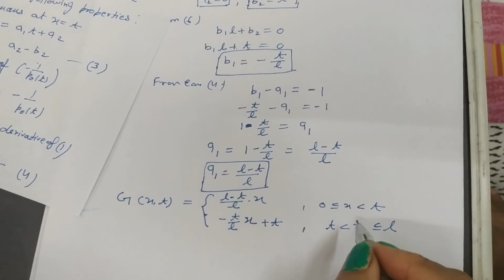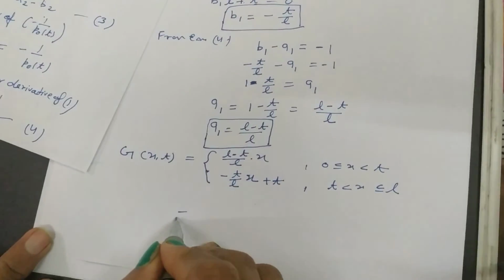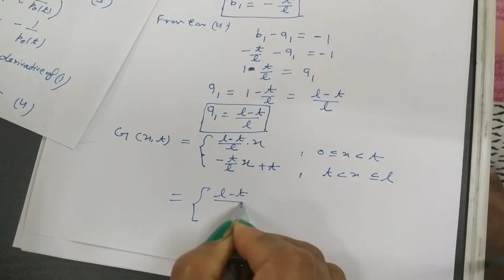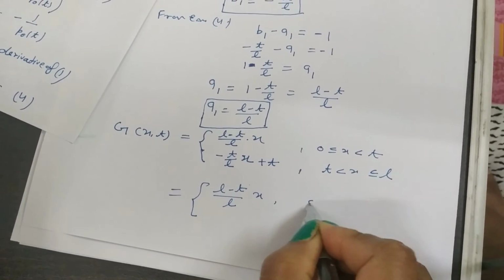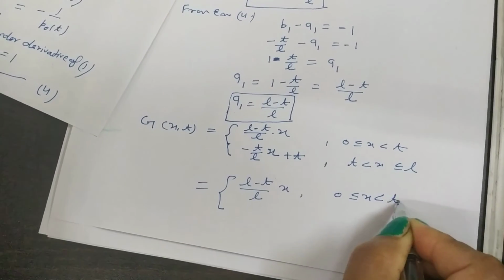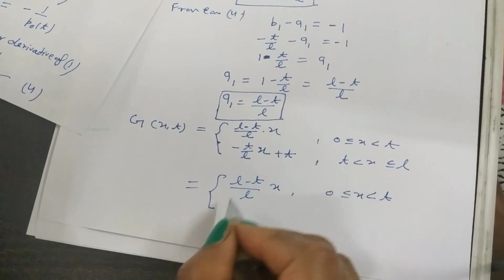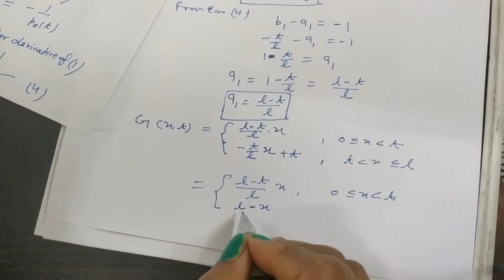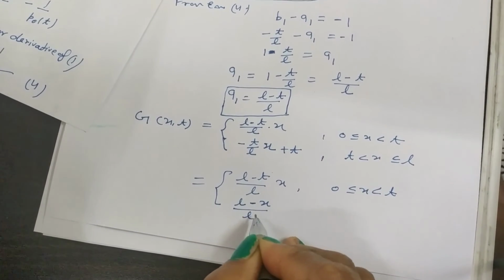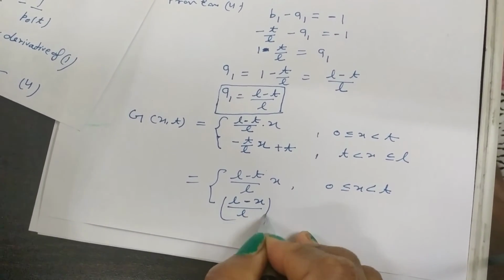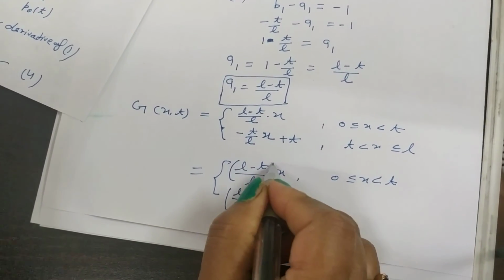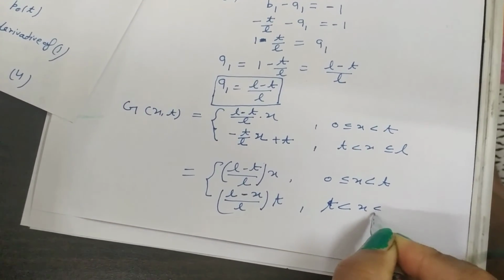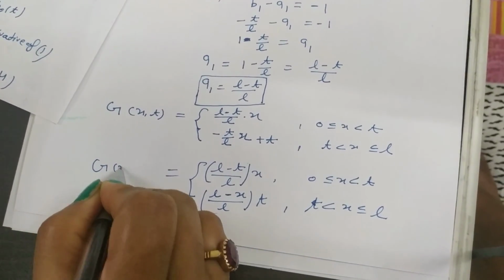Now you can solve this and you get the result. This is equal to (L minus t) x by L for 0 less than or equal to x less than t, and also solving these you get (L minus x) t by L for t less than x less than or equal to L. This is the construction.